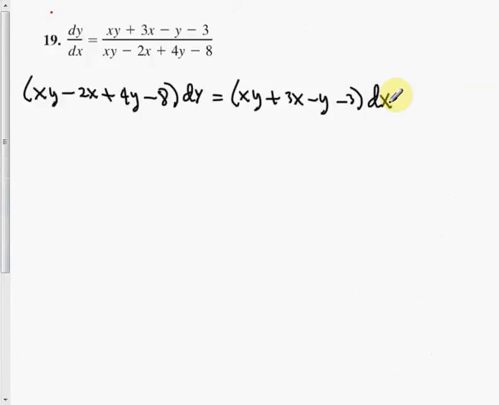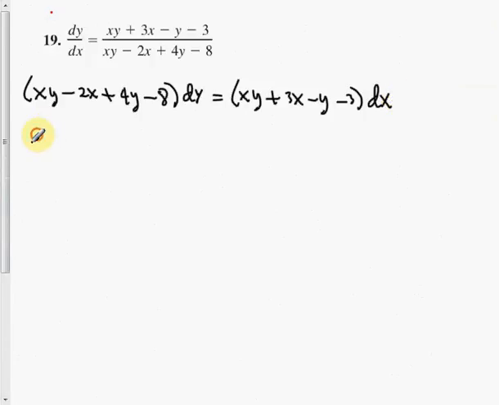They have a common factor of an x, so I can factor out an x there. You look at 4y minus 8. They have a common factor of a 4, so I can factor a 4. You come over here, xy plus 3x. They have a common factor of an x, so I'm going to use the distributive property. And then over here, minus y minus 3, they have a common factor of a negative 1. So once you do that and then see what you have after that, it kind of flows like butter.